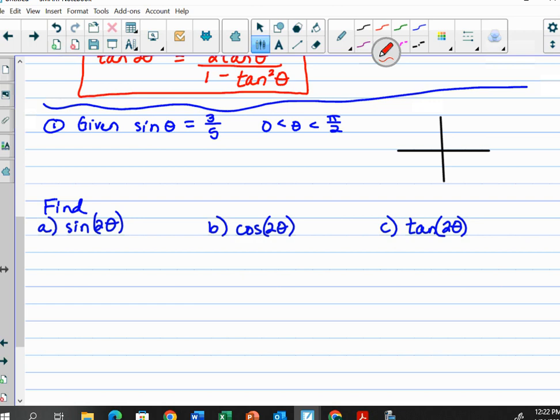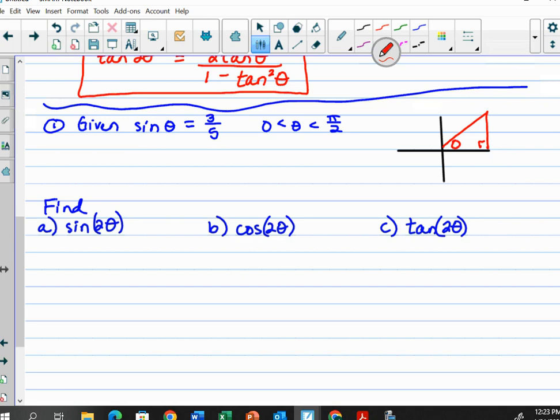First one. How do we know that? Because it tells us. 0 to pi over 2, right? Here's 0, here's pi over 2. So if it falls in between there, it has to be in the first quadrant. Okay, makes sense, right? All right, so I'm going to draw my little triangle in there.